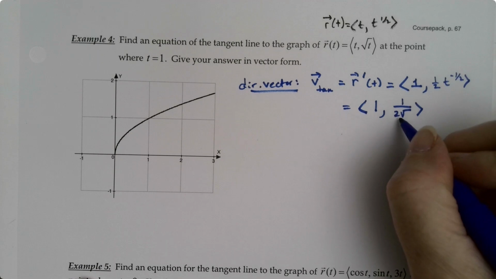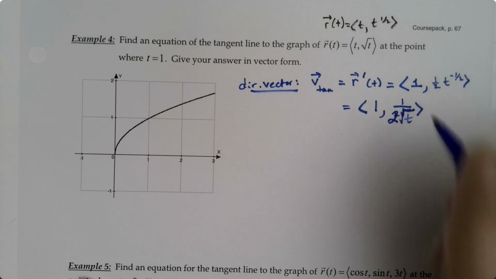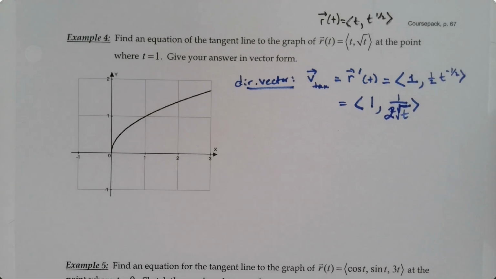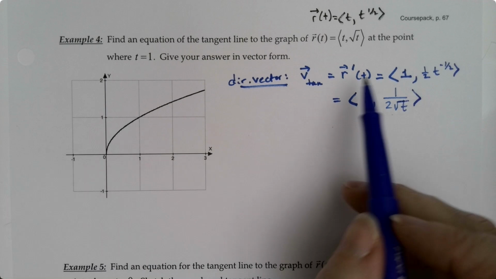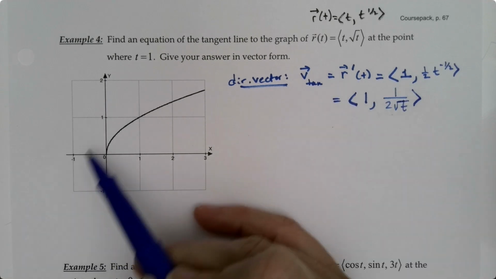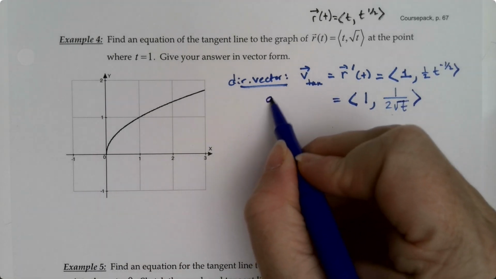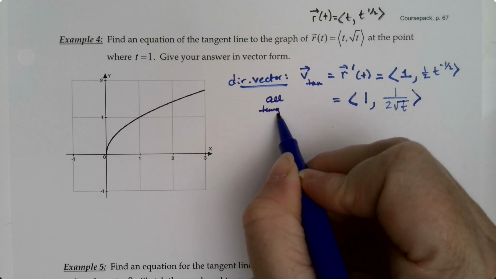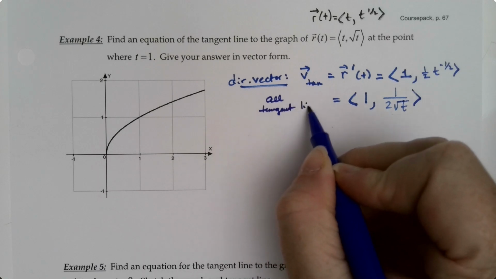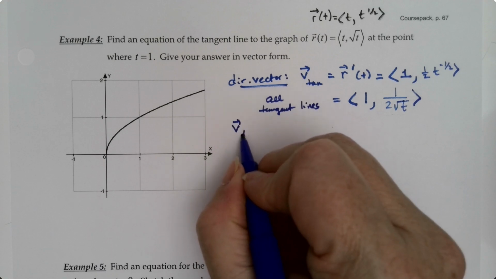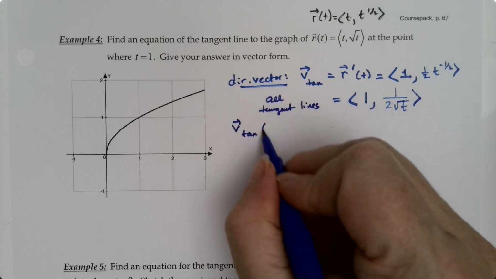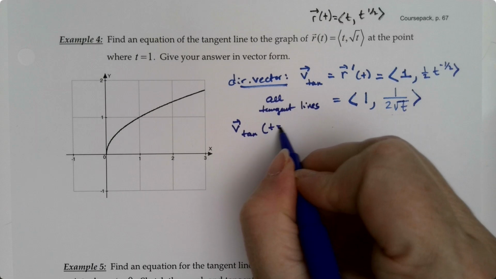Sorry, I didn't like how small that was, so I rewrote it. Okay, so this is the direction vector for all the tangent lines. Now, if we want the specific one for this problem, the direction vector for this particular tangent line would be at t equals 1.